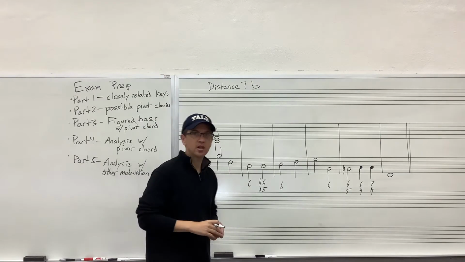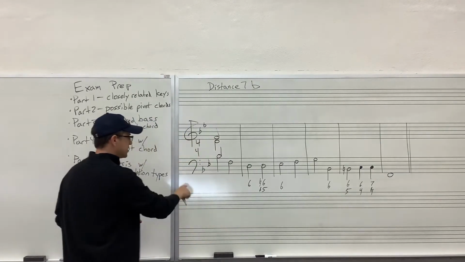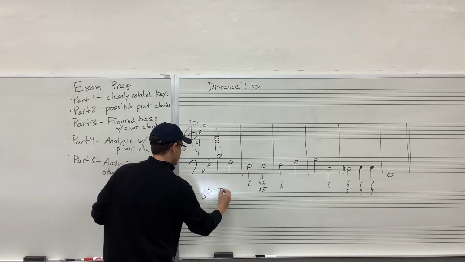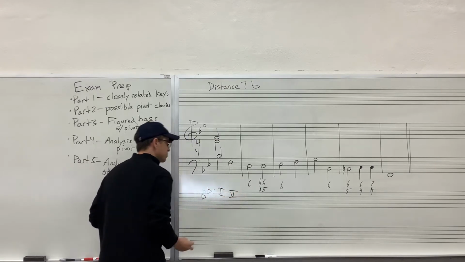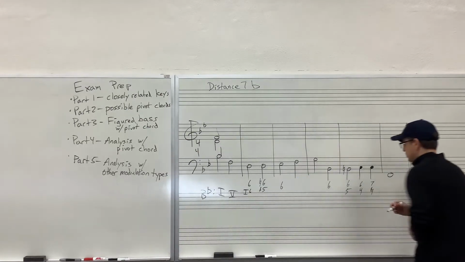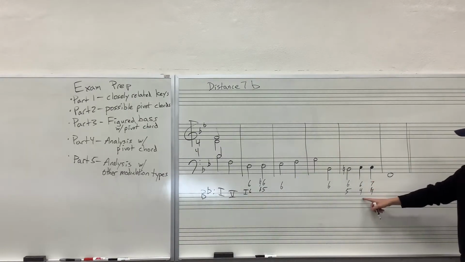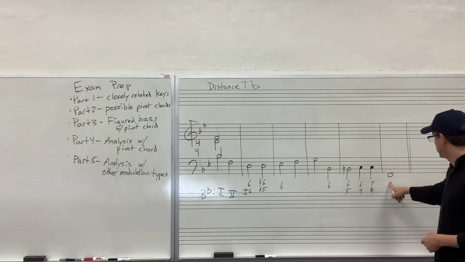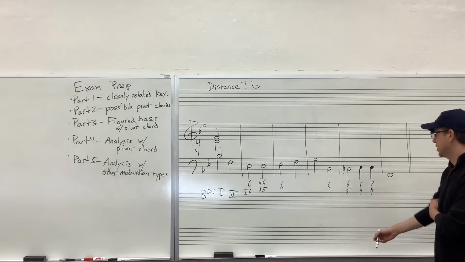some figured bass. It's looking to me like this starts in B flat major. And by the time we get to the end, though, it looks like we have so, do. So cadential 6/4, 5, 7, 1. But now we're in the key of F major.